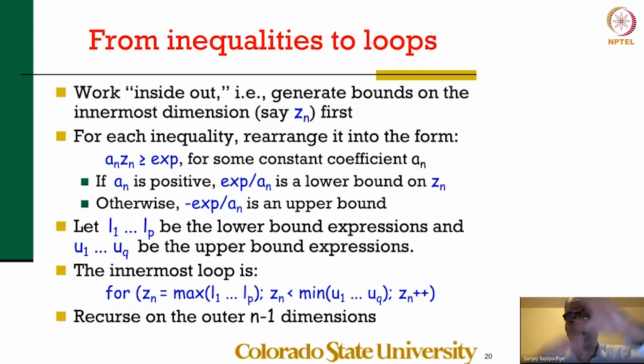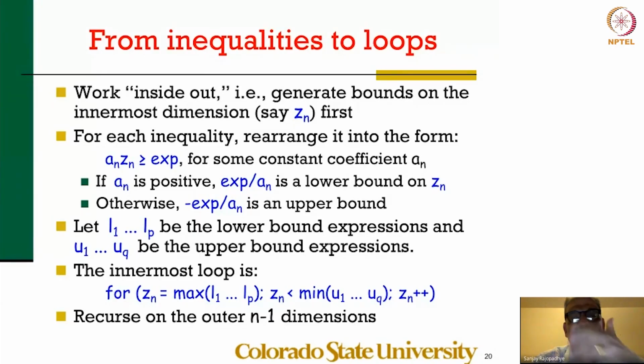Okay? So you have a polyhedral set that is defined by a number of inequalities. Each one is a set of coefficients: a linear combination of the index names plus a constant greater than or equal to 0. From each one of the constraints of the polyhedron, you will construct some lower bound expressions and some upper bound expressions.